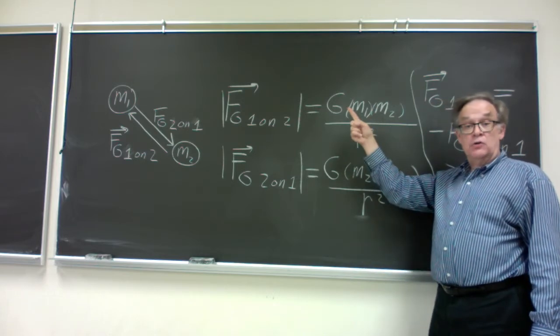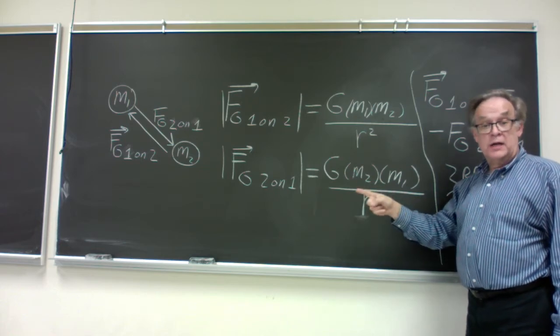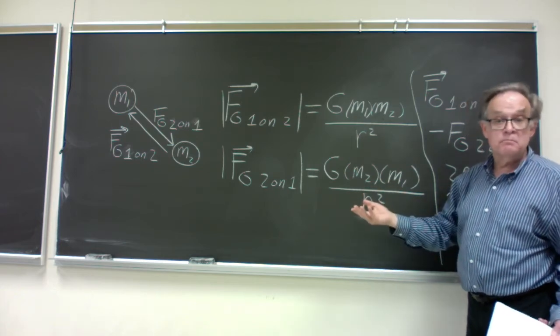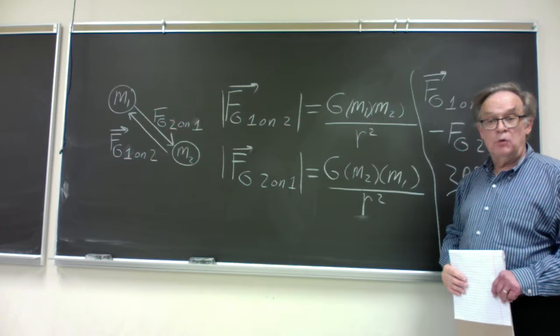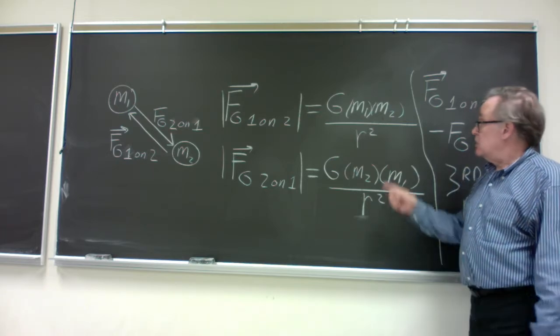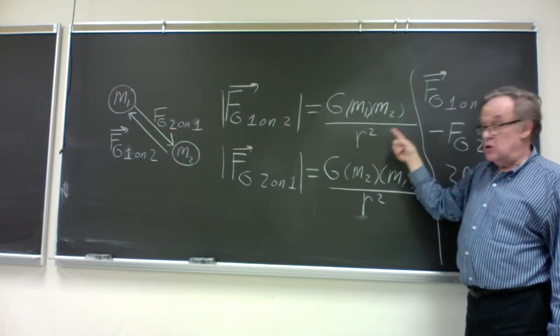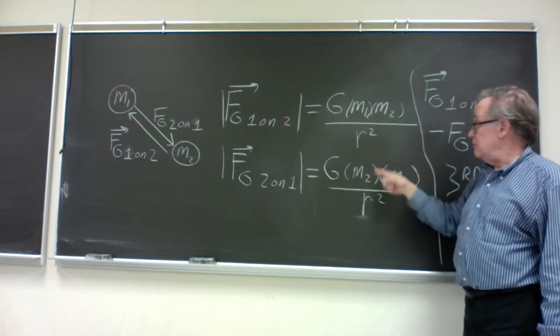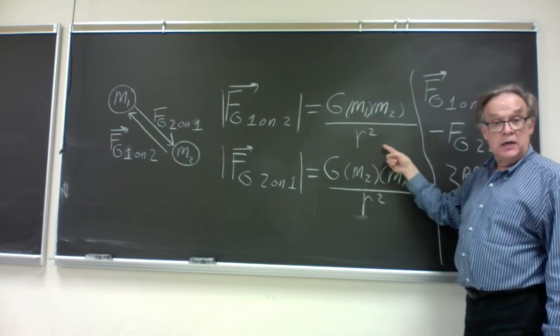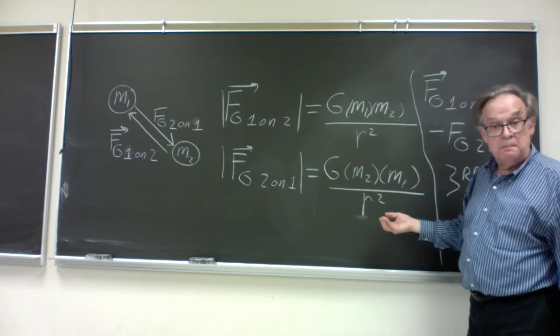But look, here in the numerator we've got m1 times m2. Here in this numerator we've got m2 times m1. Same thing. The order in which you do multiplication doesn't matter. So all the same factors here and in this numerator, same factors in the denominators, the magnitudes are the same.